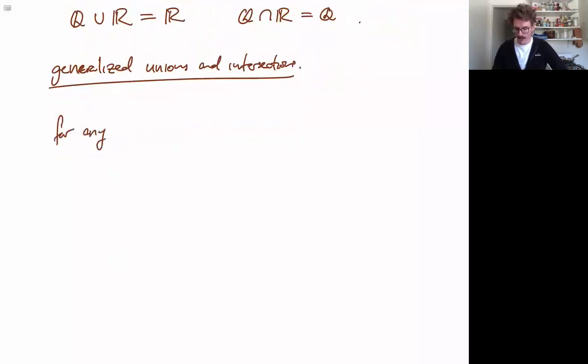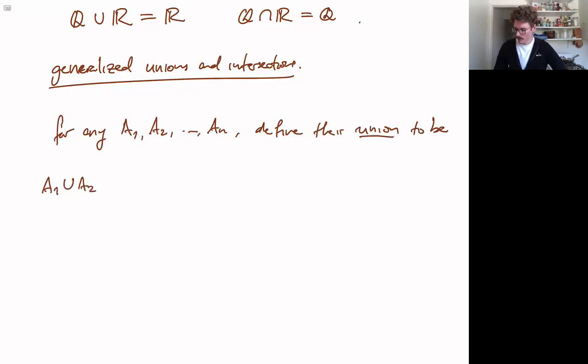So for any collection of sets, A1, A2, up to AN, we define their union. You can write A1 union A2 up to AN.